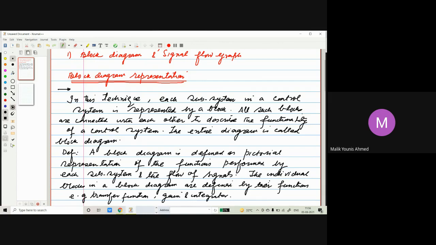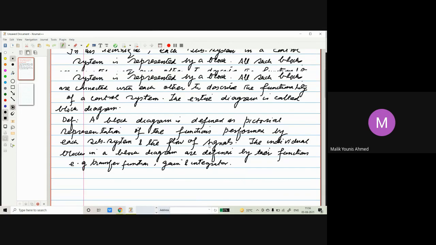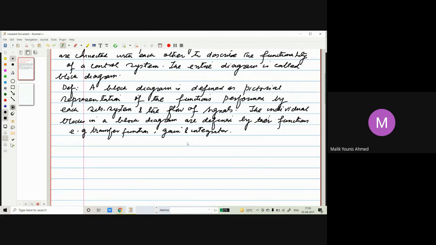Now, the figure will show the individual components or a subsystem of a control system. Suppose I draw that. R of S is input, C of S is output, and G of S everybody knows. Let's say the individual block is a transfer function this time.